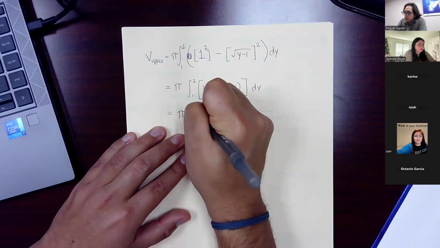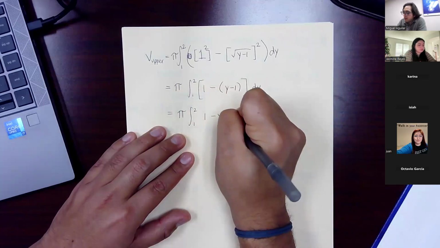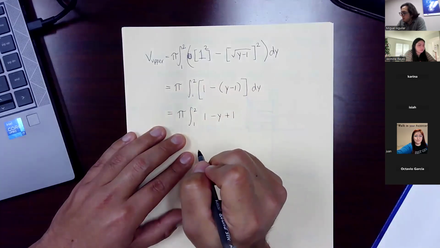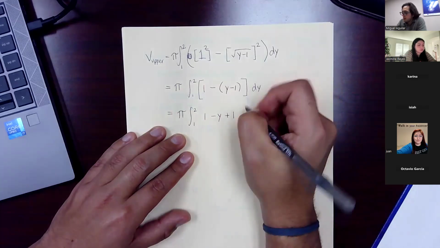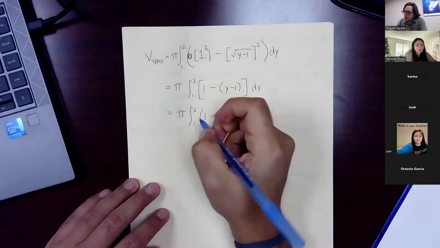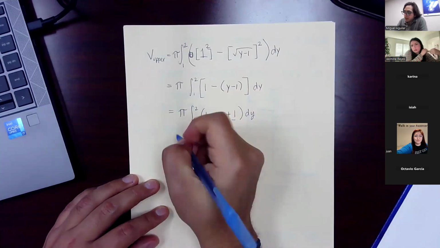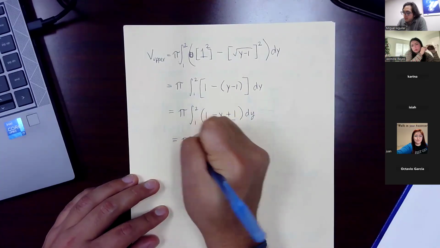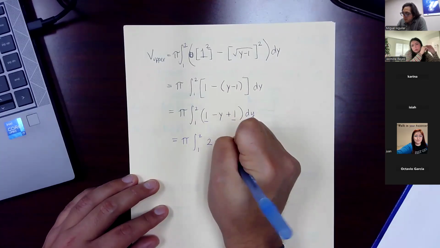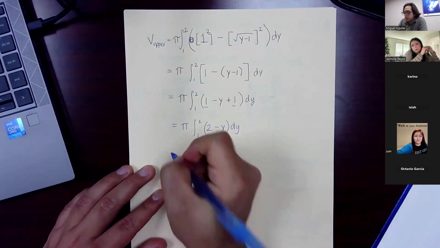Then with some little algebra, we can say that this is going to be 1 minus y plus 1 dy. And the ones here are like terms, so we can go ahead and rewrite this yet again to 2 minus y dy, and then that's a really nice integral.